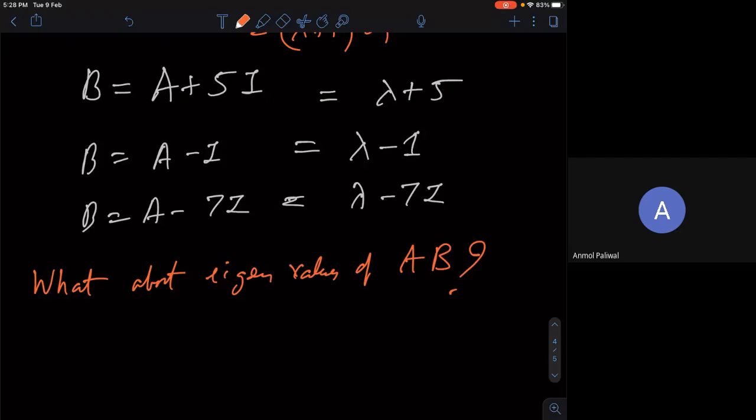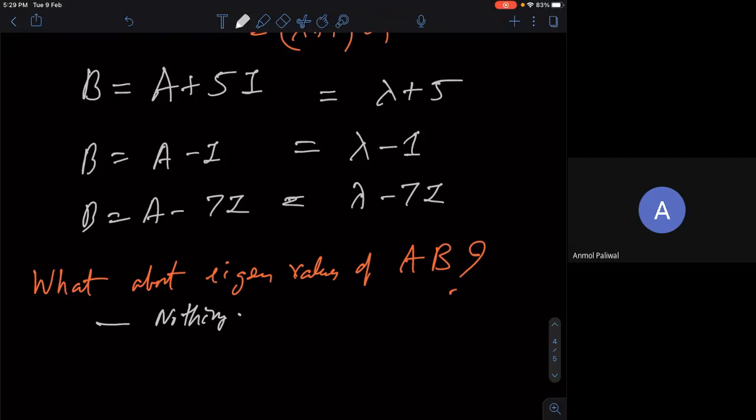The answer is nothing much. It's also not dependent on the eigenvalues of A and the eigenvalues of B. There are special cases, but in general you can't tell anything about the eigenvalues of the matrix AB.